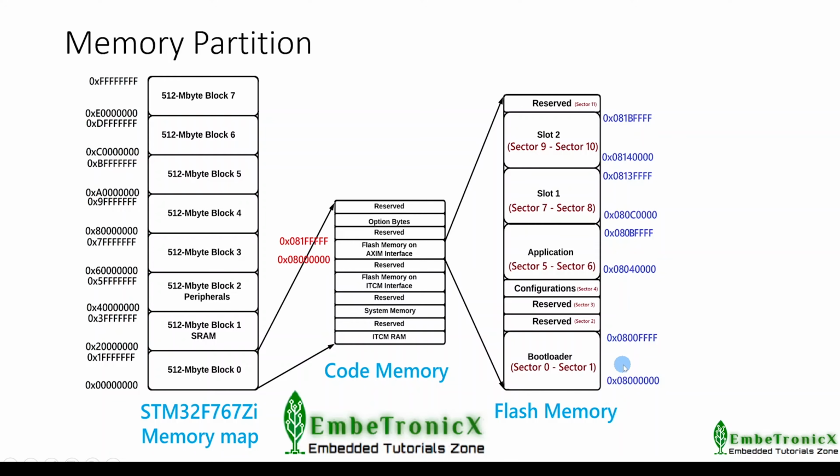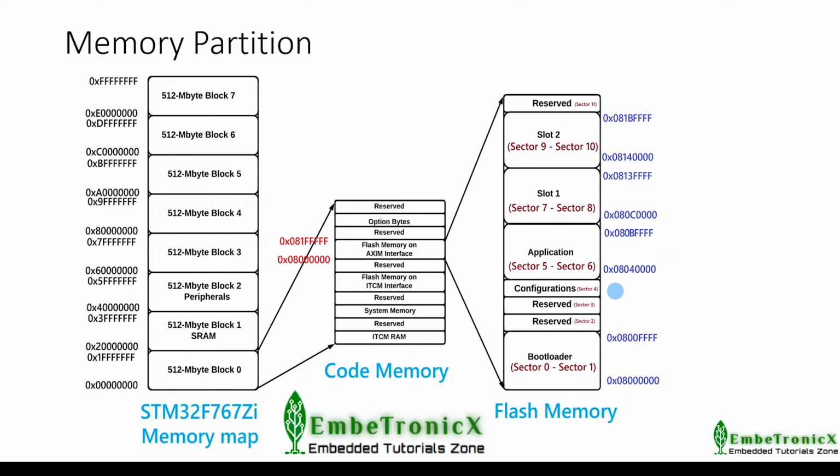I will place my bootloader into sector 0 and sector 1, that is 64 KB. I am leaving sector 2 and sector 3 as they are. For configurations, I have assigned sector 4 of 128 KB. I know that I may not need 128 KB for this, but let it be for now.